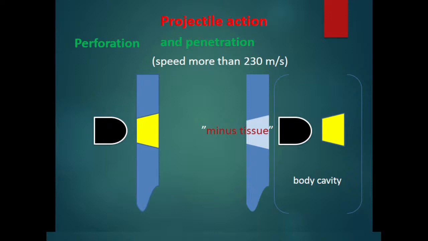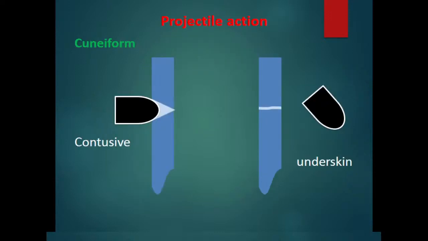It is a specific pattern of firearm injuries. But it is seen when the speed of the bullet is relatively high, more than 250 meters per second. If the energy of the bullet is not that high, if the velocity of the bullet is not that high, we might see the so-called cuneiform effect.